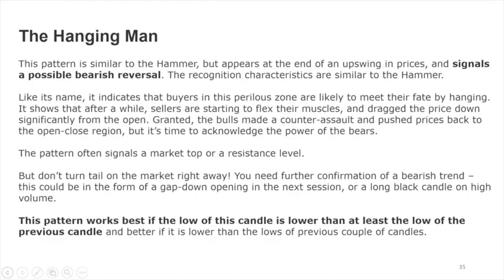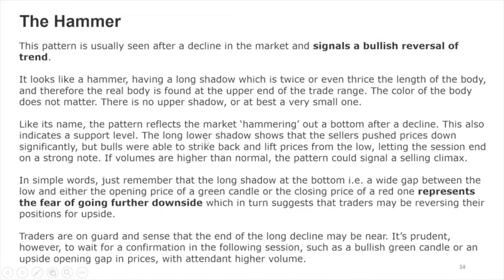Okay, the long lower shadow shows the sellers pushed the price downside, but the bulls were able to strike back and leave the price on the low, letting the session end on a strong note. If the volume is higher than normal, the pattern could signal a selling climax.